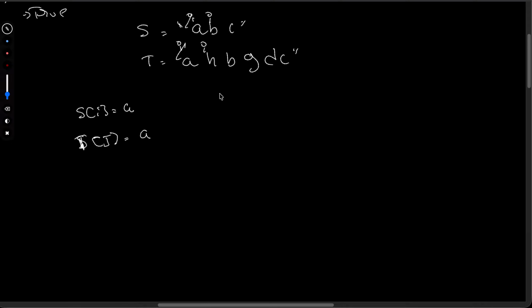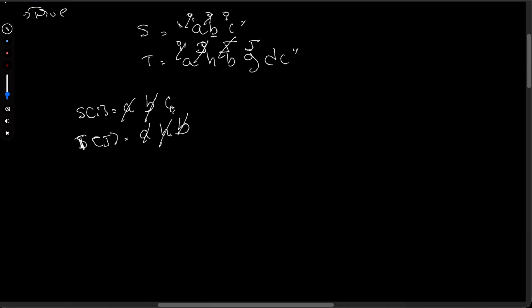Second, s of i is b and t of j is h, so it does not match, so j will move. Next, t of j becomes b, which matches, so i moves to c and j comes here.